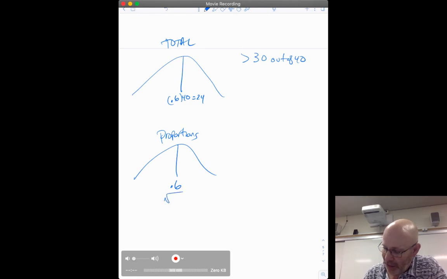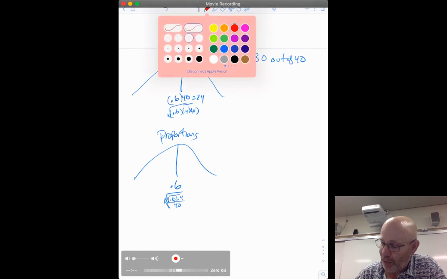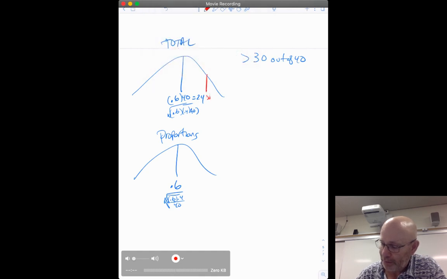Down here, my standard deviation would have been the square root of 0.6 times 0.4 divided by 40. Here, it's going to be the square root of 0.6 times 0.4 times 40. And now I want just over 30. By the way, over 75%. It's going to give me the same answer, by the way. You can do it if you don't believe me.